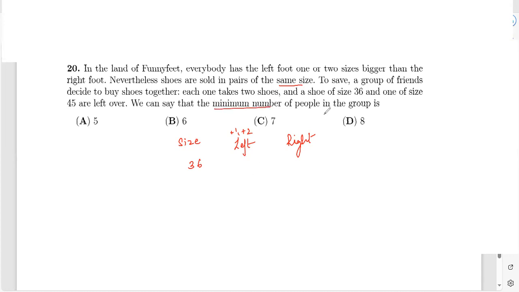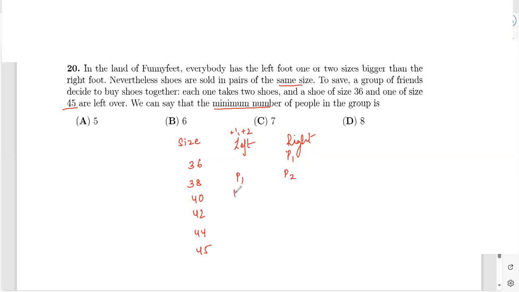Now since it is saying minimum number of people in the group, we take the shoe sizes as plus 2. So suppose they bought 36, 38 and say 40, 42, 44 and say 45 because 45 is left over. So for example, we bought a shoe size of 36, and suppose person or number of people. So say person one bought this, so he used this one and left shoe size of 38.